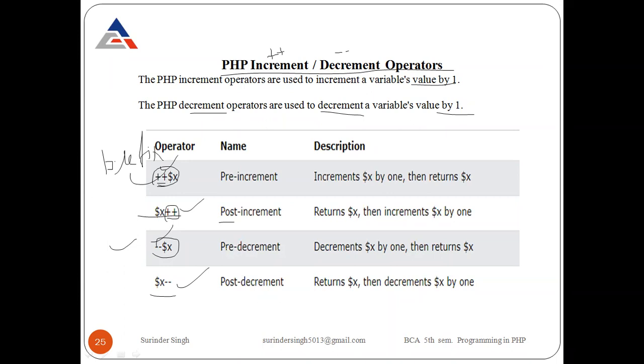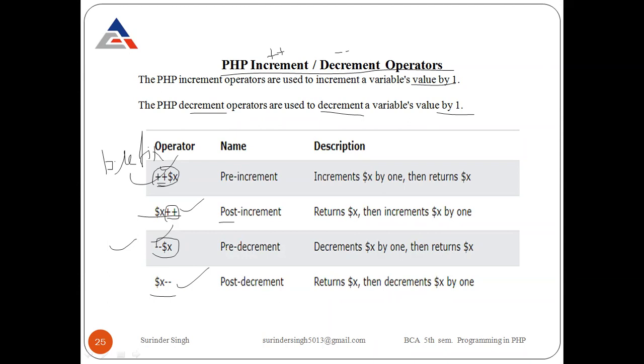In pre-increment or decrement, first the value of the variable is incremented or decremented, and then it is used for any other operation. Postfix is the reverse of prefix.